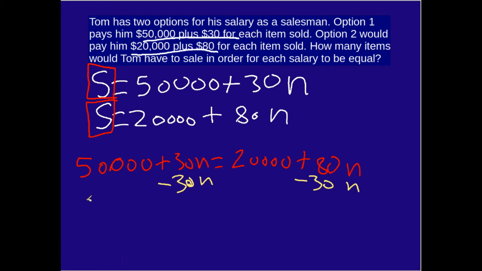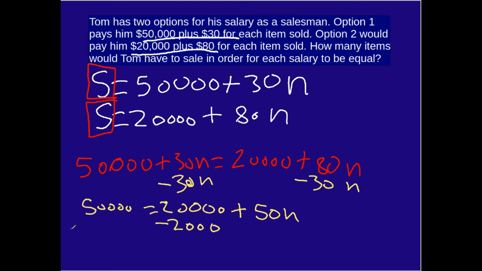And that leaves me with 50,000 equals 20,000 plus 50n, to be expected. And now I'll subtract 20,000 from over here and subtract 20,000 from over here, and I'll be left with, I need a little bit more space here, let me go to the next screen.